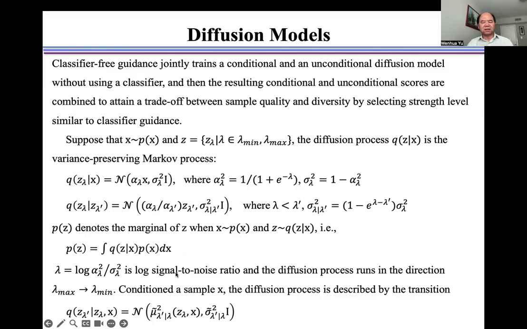Lambda is a log signal to noise ratio, and the diffusion process runs in the direction from lambda maximum to lambda minimum. Conditioned on sample X, the diffusion process is described by the transition here.